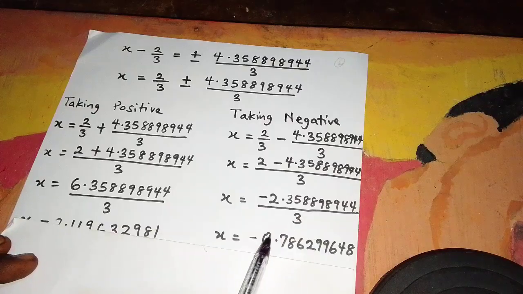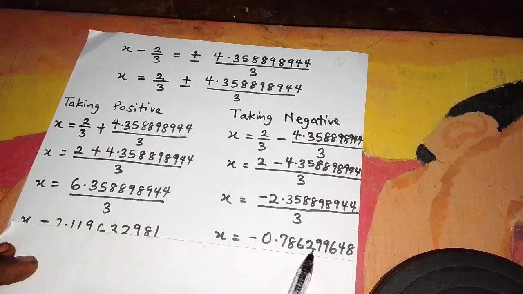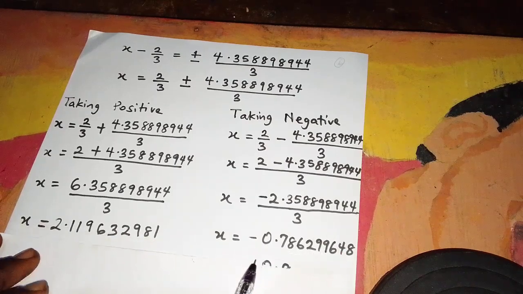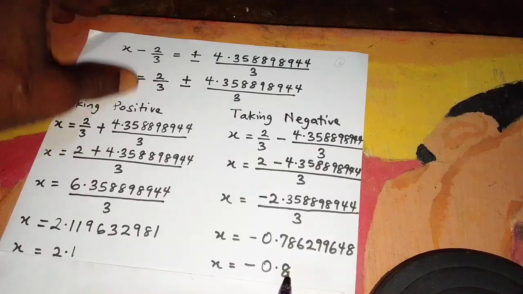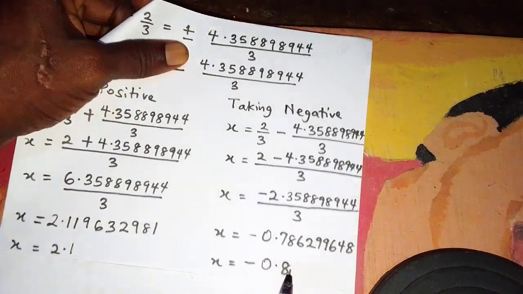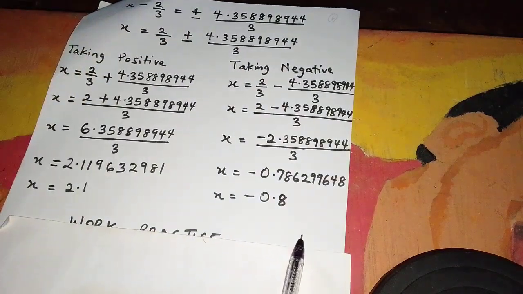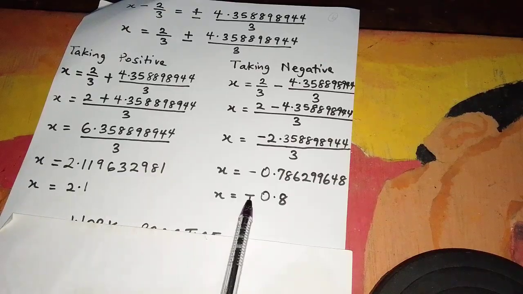Then divided by 3, you have minus 0.78629964. If you do this to one decimal place, since the number after the first decimal place is 8, more than 5, add 1 to this, making it minus 0.8. So the value for x is what? x will be 2.1 or minus 0.8.